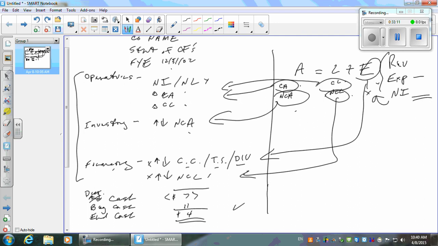So here's the deal. For these, they're really simple. We're only going to show the change, again, because there are millions of transactions, right? Even in a small company, there are thousands of transactions. If I have an increase in one of these current assets, what does that mean? Increase in the current asset means less cash. Put brackets around it. How about a decrease in a current asset? What does it mean?